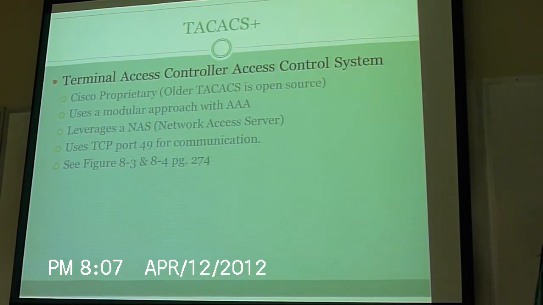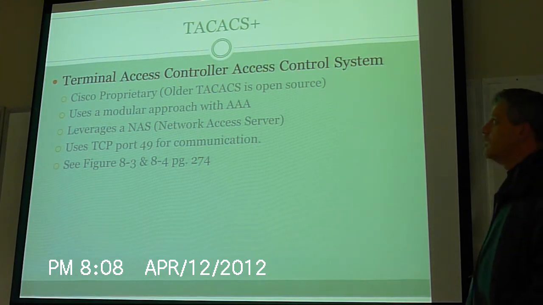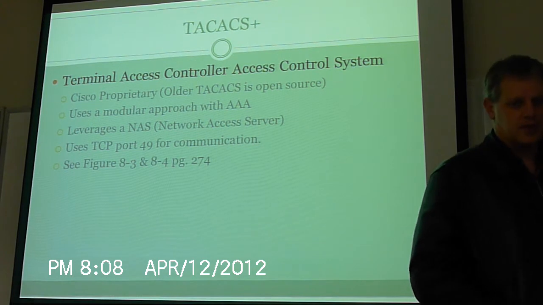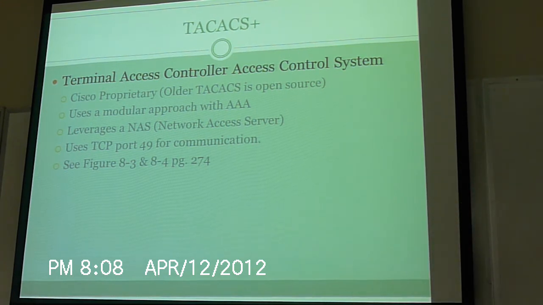Compared to TACACS, our Terminal Access Controller Access Control System, TACACS Plus is a Cisco proprietary protocol. The older TACACS protocol was open source. TACACS Plus uses a modular approach to AAA. All right? And it leverages a NAS, or Network Access Server, not to be confused with network attached storage.